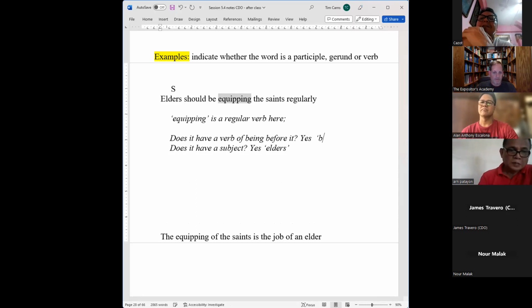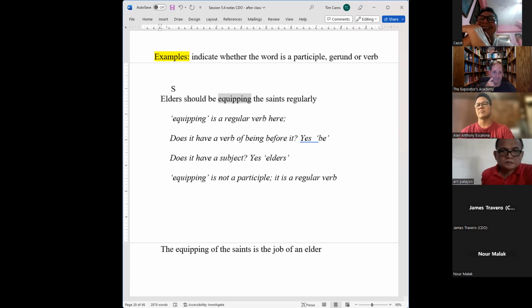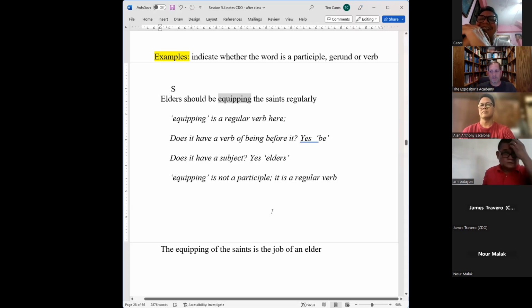Okay. So equipping is not a participle. It is a regular verb. So therefore it doesn't modify in the sentence, because it's a verb. Remember, verbs don't modify.